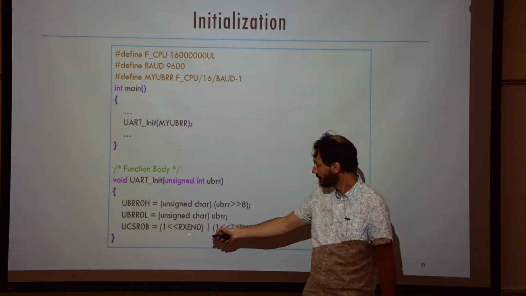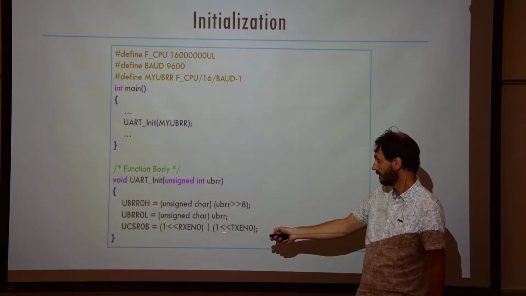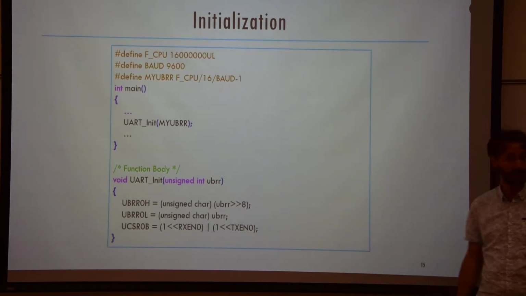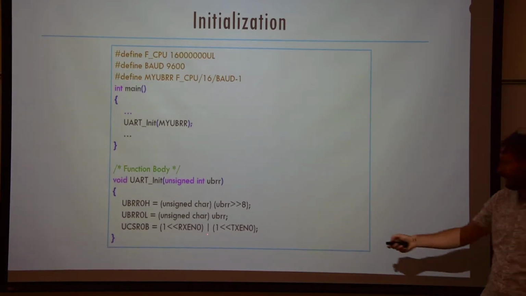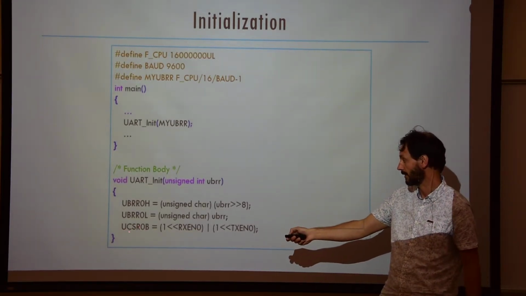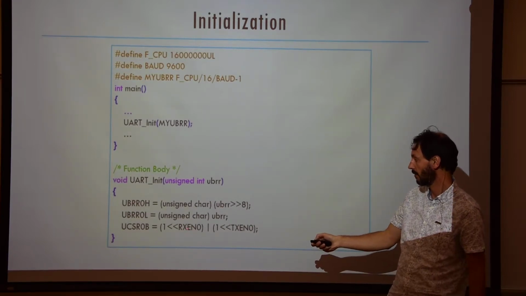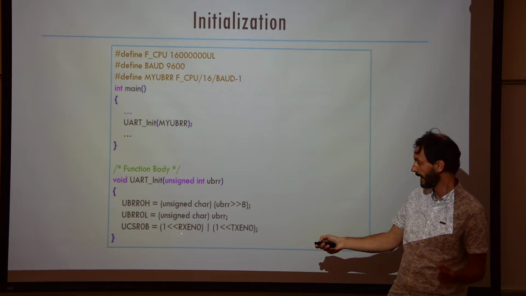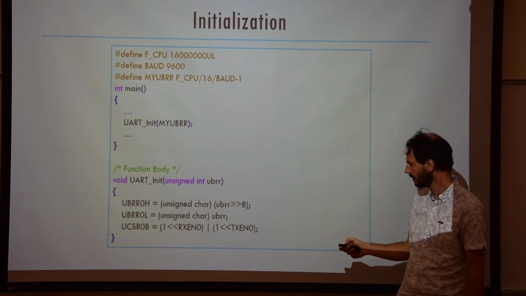Now, what do we want to do too? We want to make sure that the D0 and the D1 pins are only being used for your UART, and that means that in this control register, there are many ways to do this. We're going to just set those 2 bits related to those 2 positions to 1. So what was that again?